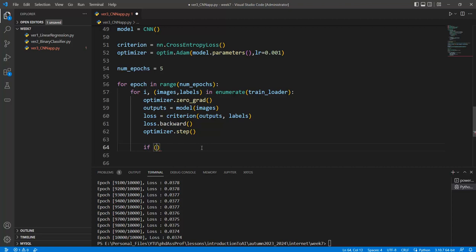If I plus percentage 100, this is the batch size, not the epoch size. It's the batch size. Okay, what's the difference between the batch and the epoch?